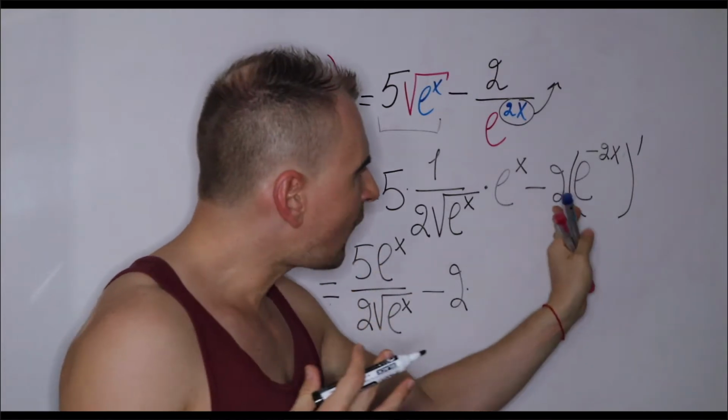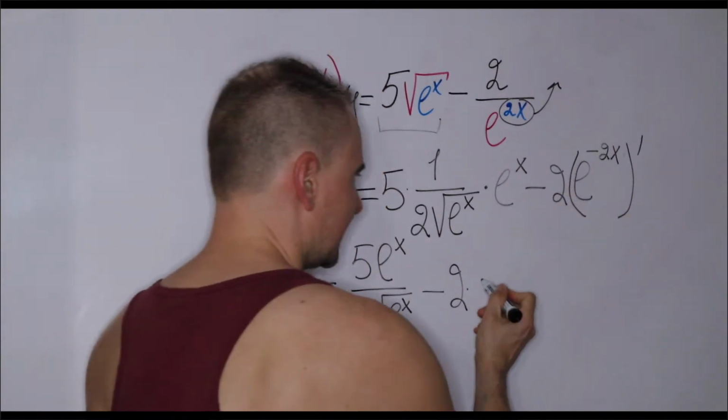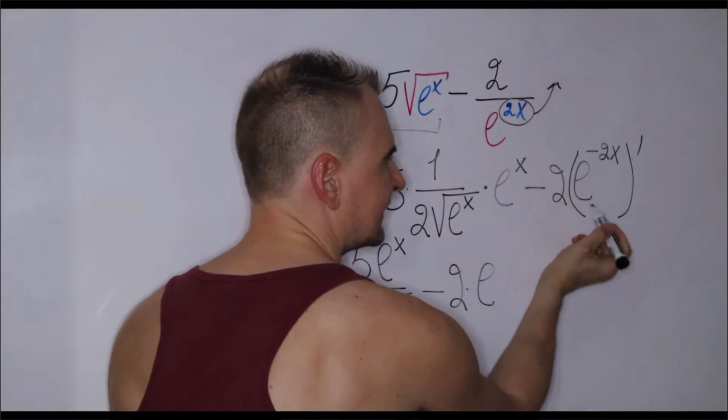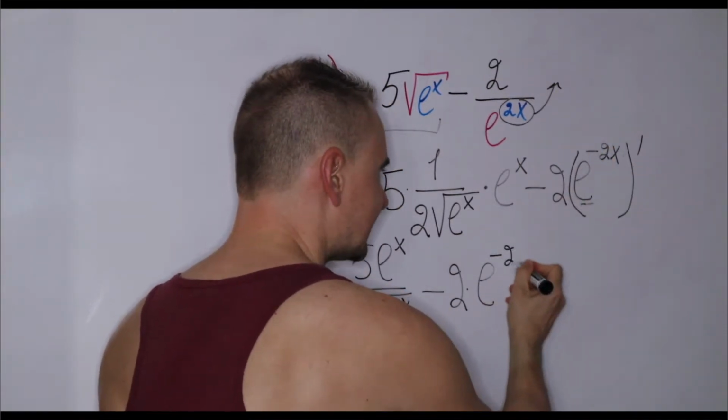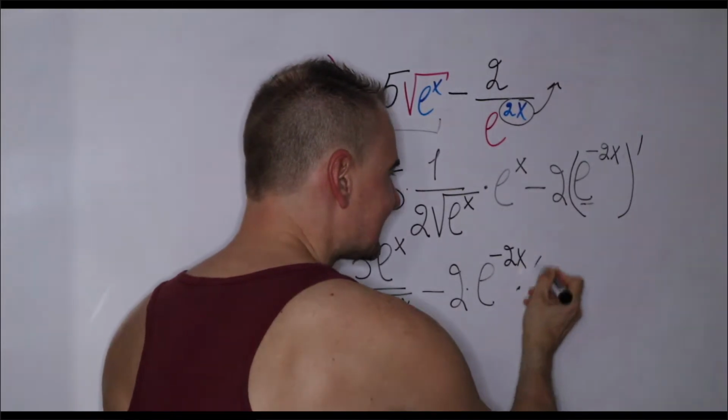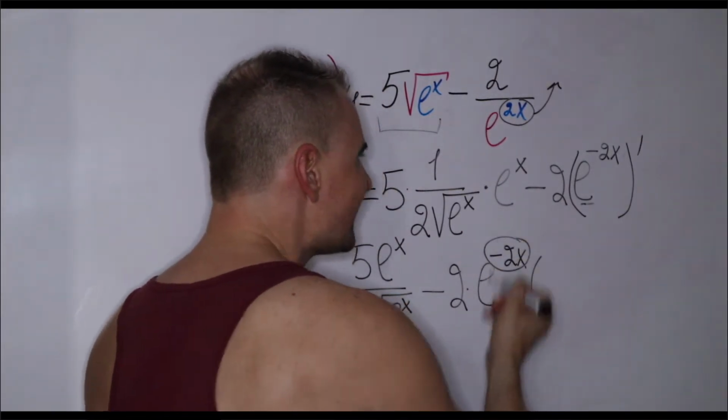So the derivative of the outside function remains the same, and your outside function is e to the power, so it's e to the negative 2x, and this gets multiplied by the derivative of the inside function.